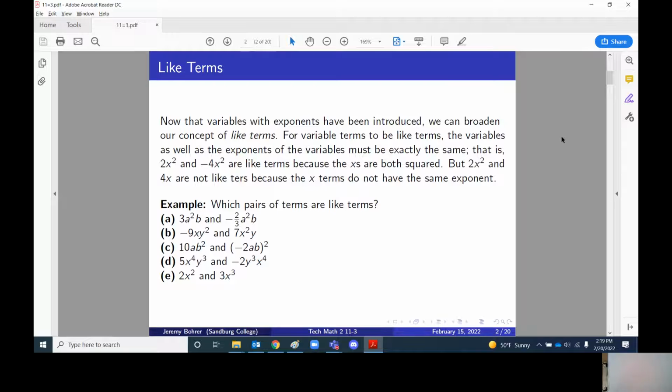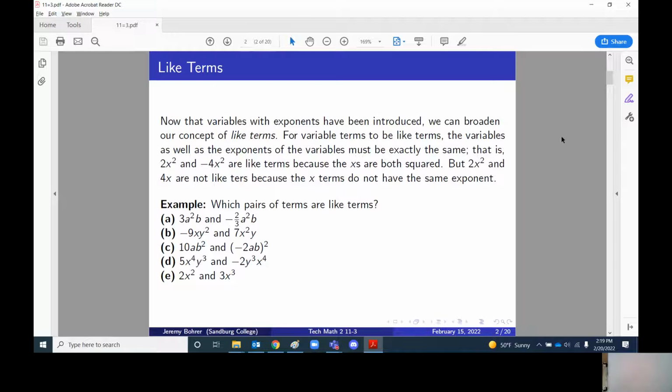In C, we have ab squared in the first term, but we have everything in parentheses and being squared in the second. So that would give us 4a squared b squared, not ab squared. In D, we have an x to the fourth y cubed in the first term and a y cubed x to the fourth in the second.